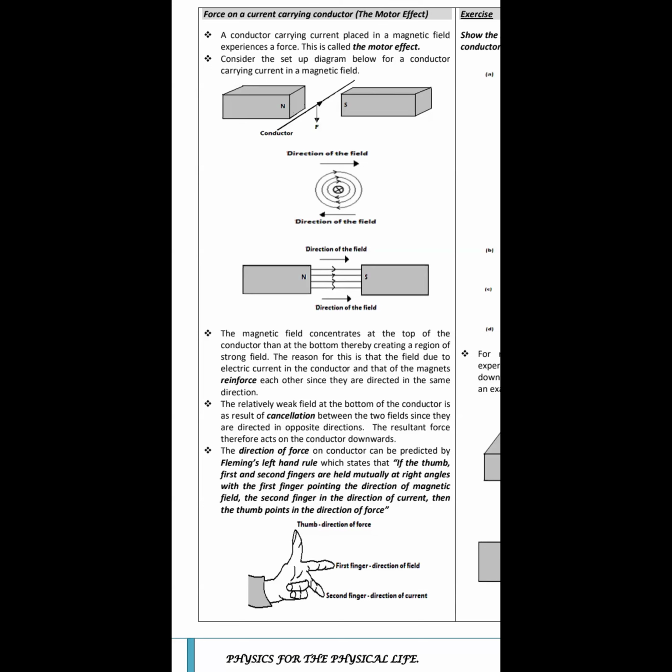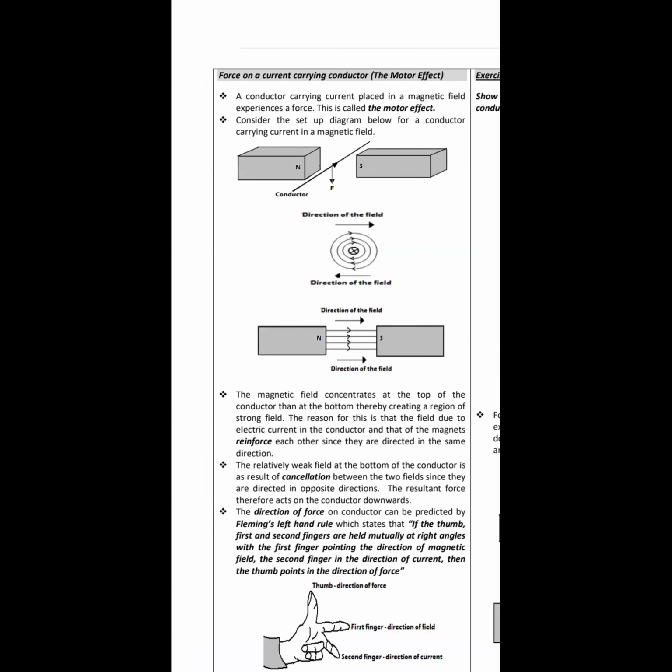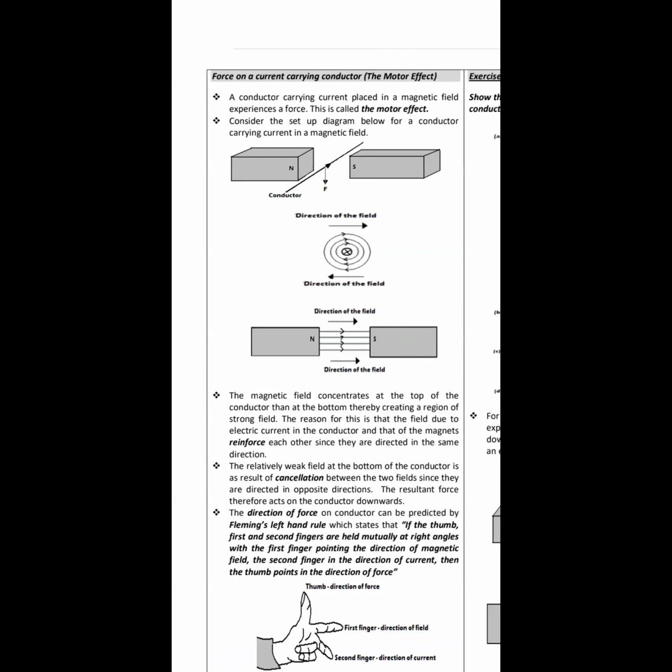The question is, we are considering this diagram on the screen. I want us to use Fleming's left-hand rule such that in this first diagram, the first finger, which shows the direction of magnetic field, is pointing to the right side.